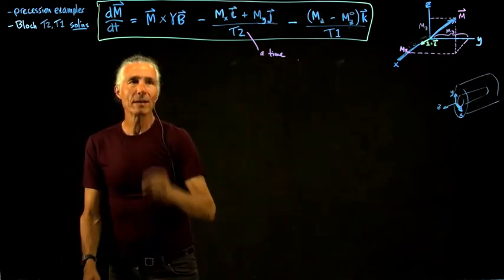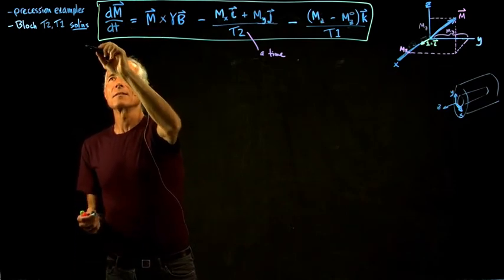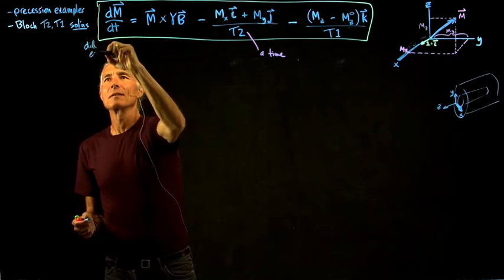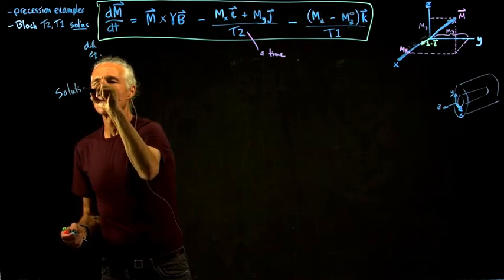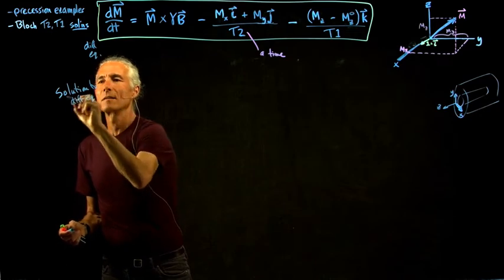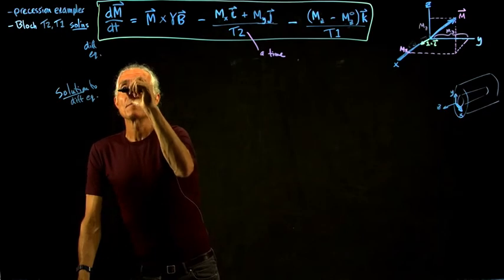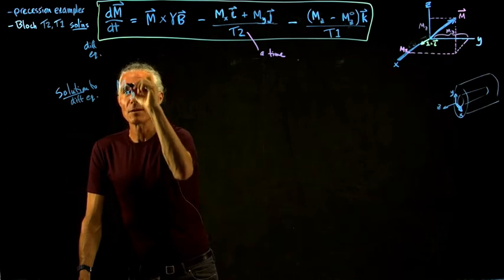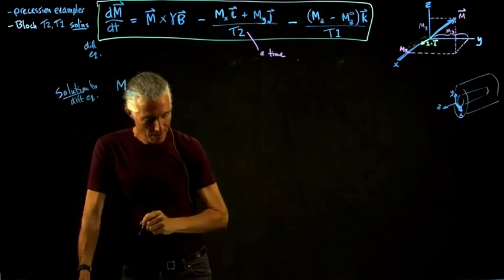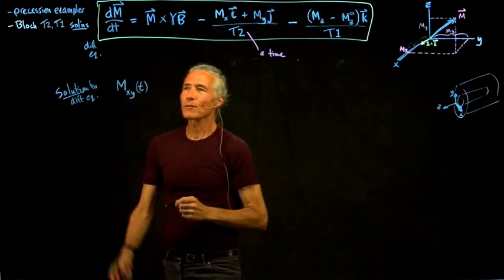If we write out the solution, this is the differential equation, and now this is the solution to the differential equation, which is a different thing. The solution is what is the magnetization in the xy, glomming the x and y together for simplicity, as a function of time. Now we have no derivatives anymore.